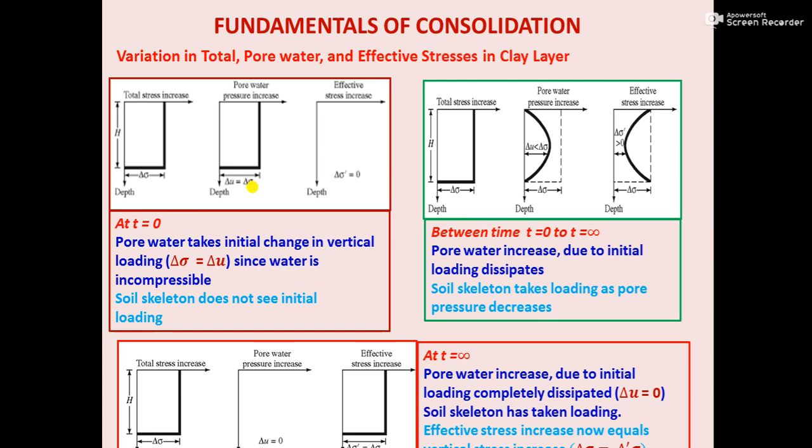So initially at t is equal to 0, as soon as the vertical stress increase happens inside the soil, there will be a state where your delta sigma becomes equal to delta u. Have you got it? So the pore water takes the initial change in vertical loading.